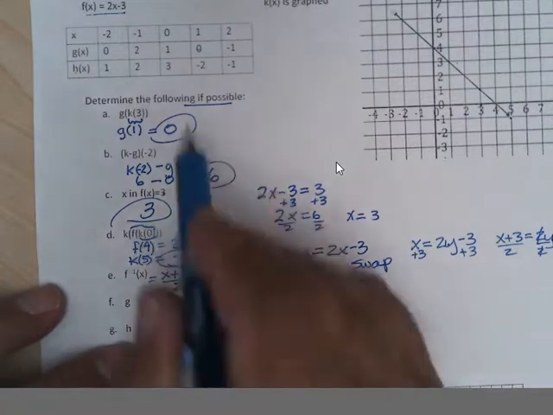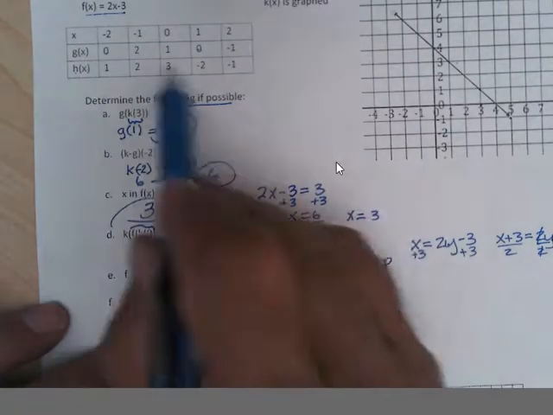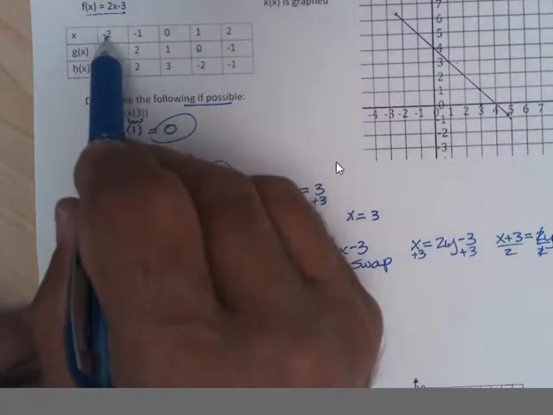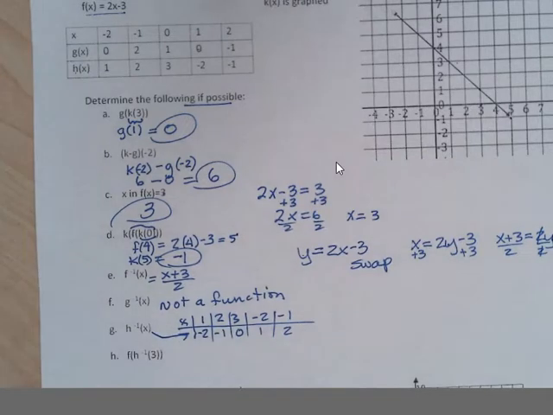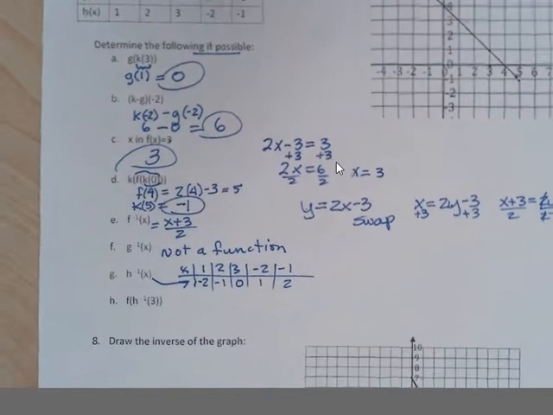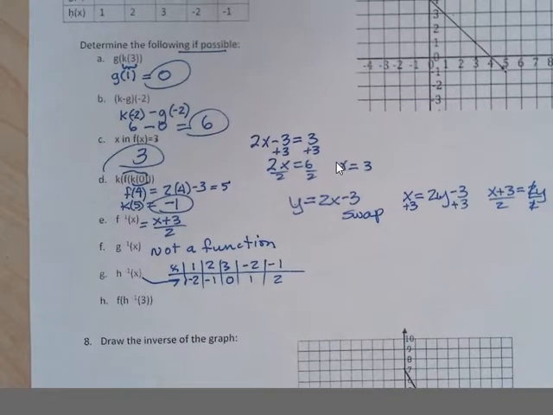And the outputs become the inputs, and the outputs are the old inputs. Minus 2, minus 1, 0, 1, 2. And that's the H inverse. Excuse me, H inverse of X. Too much calculus, they talk about primes.